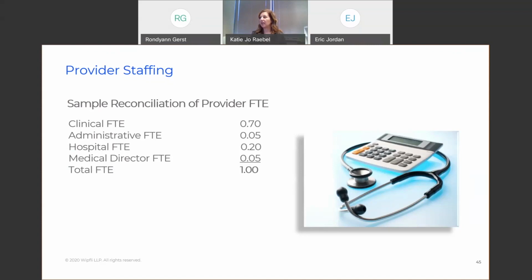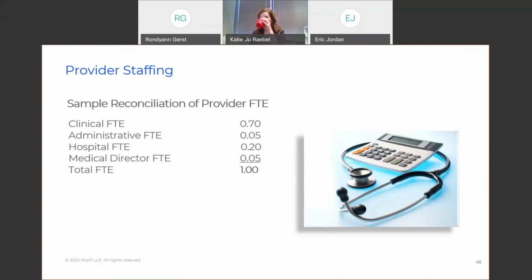They have administrative time, they have hospital services, there may be a medical director, so we want to make sure that we separate those out. Or they were only there for part of the year. These are the types of things we need to consider when we're giving that information to our cost report preparer.